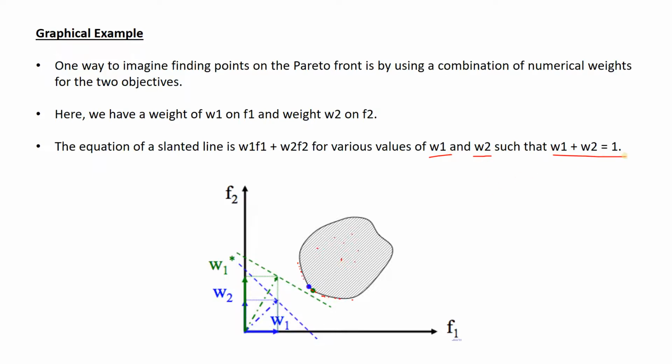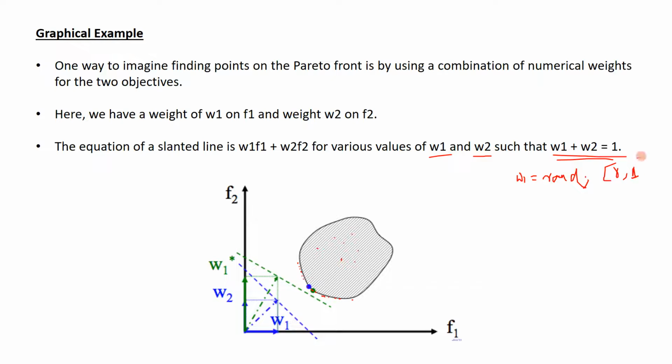Weight functions means W1 and W2, random variables, such that W1 plus W2 equals 1. In MATLAB you can write W1 equals rand.